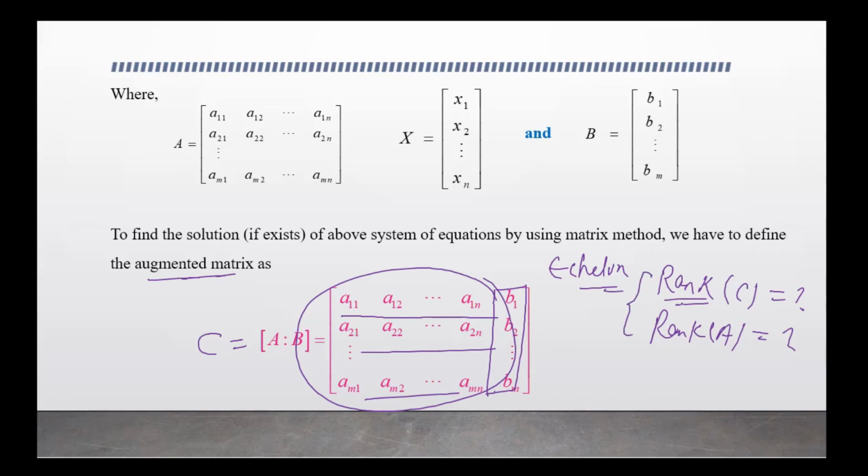When we compare these two ranks, we find whether the system has a solution or no solution. If it has a solution, then it may be unique or infinite. It depends upon the rank of the matrix. So after writing the augmented matrix C, we have to find the rank of the matrix C and the rank of the matrix A by reducing them into echelon form, and then we discuss the solution.